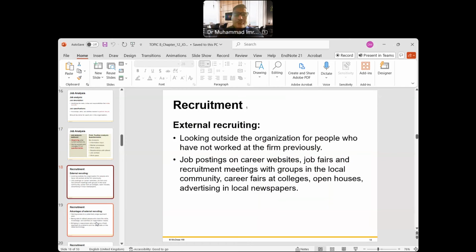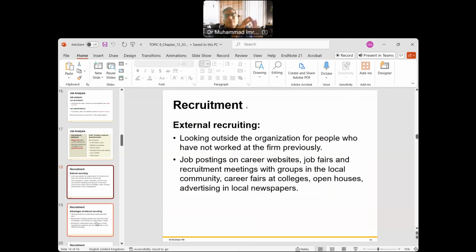Looking outside the organization for people who have not worked at the firm previously. Yes, that one, I just gave you an example. Don't be confused here between internal and external recruiting. Number one, you hire outsourced services who will recruit for yourselves.